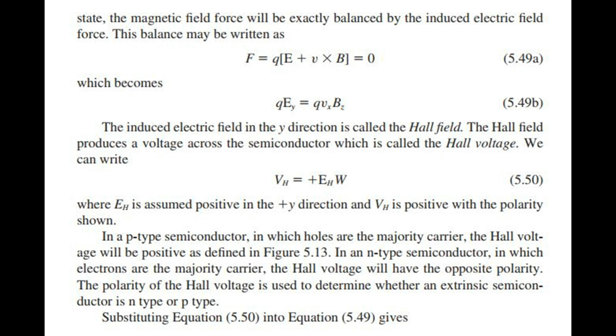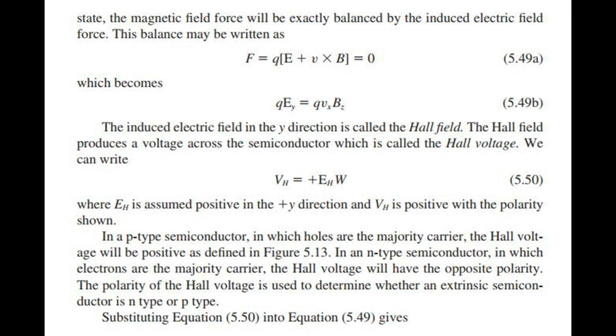In a p-type semiconductor, in which holes are the majority carrier, the Hall voltage will be positive as defined in figure 5.13. In an n-type semiconductor, in which electrons are the majority carrier, the Hall voltage will have the opposite polarity. The polarity of the Hall voltage is used to determine whether an extrinsic semiconductor is n-type or p-type.